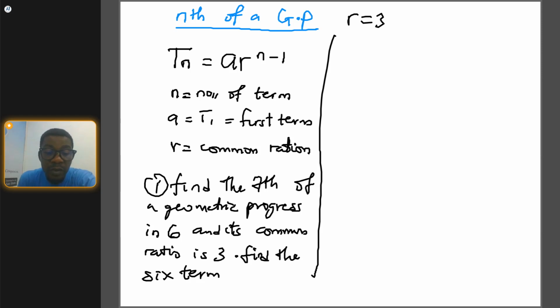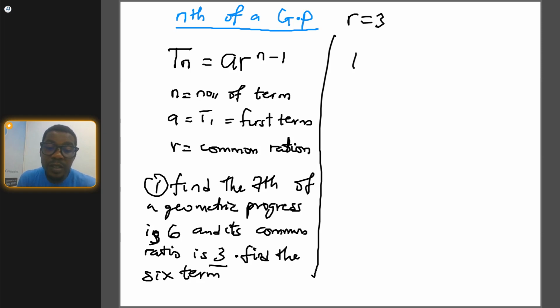From the question, we are given the common ratio, and we are asked to find the seventh term of a geometric progression. So the term is 6.